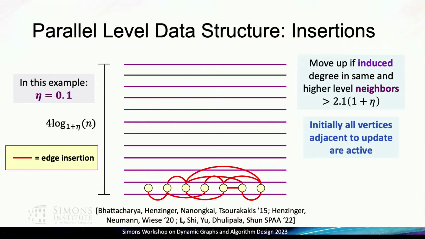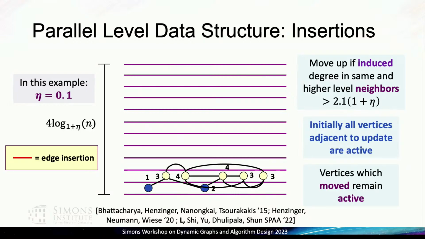For this example, the induced degree of each of these yellow active vertices is given here. Now, if the induced degree exceeds this threshold up here, which is 1 plus eta, then you move the vertex up. Supposing that eta equals 0.1, we move all the vertices with degree greater than 2 up.